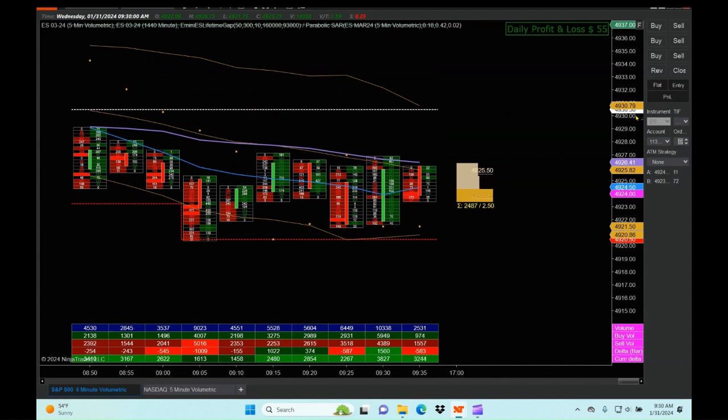Everything has been activated, which is indicated by the bars over here on the right.